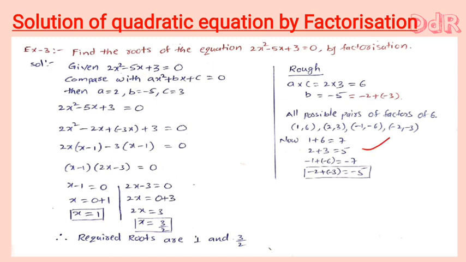Second, 2 plus 3 equals 5. Third, minus 1 plus minus 6 equals minus 7. And the fourth, minus 2 plus minus 3 equals minus 5. This minus 5 is equal to our middle term B, so minus 5 is written as minus 2 plus minus 3.